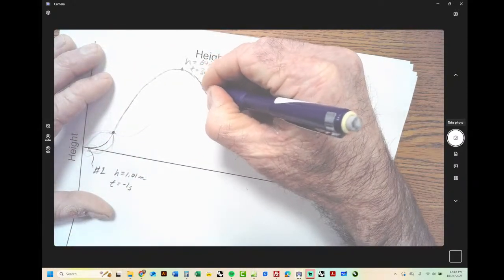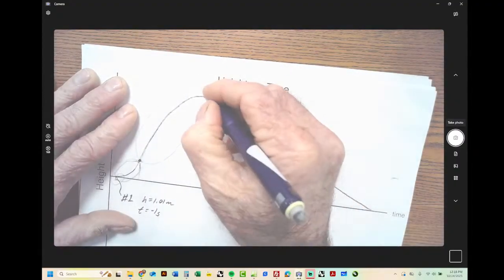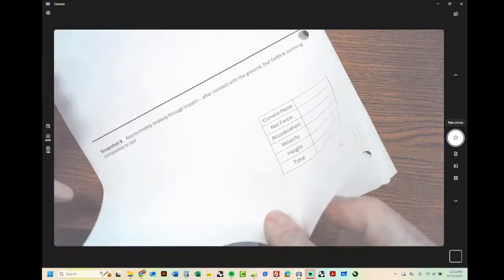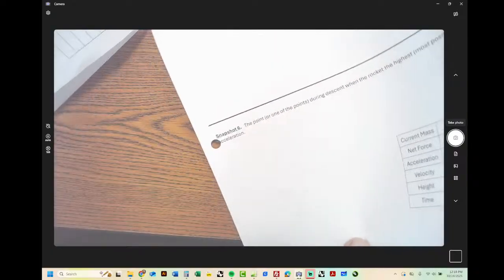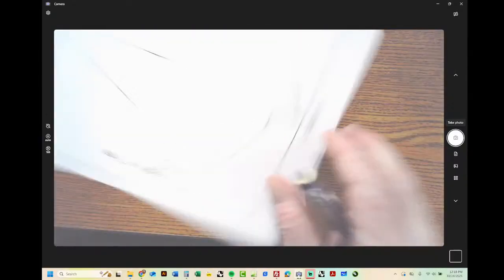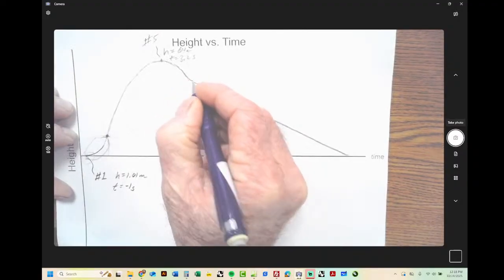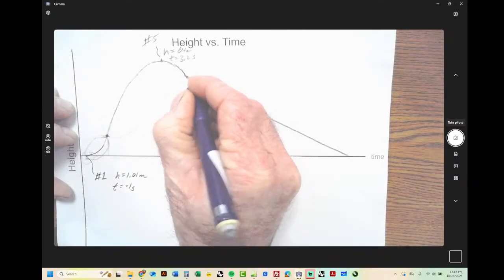I think that's snapshot number 5. I can't remember for sure, I should check so I don't confuse you. Yeah, number 5 is apogee. Number 6 is the one I'm doing. Ooh, just got dark in here. So number 6 is right here, right in the middle of this curve.